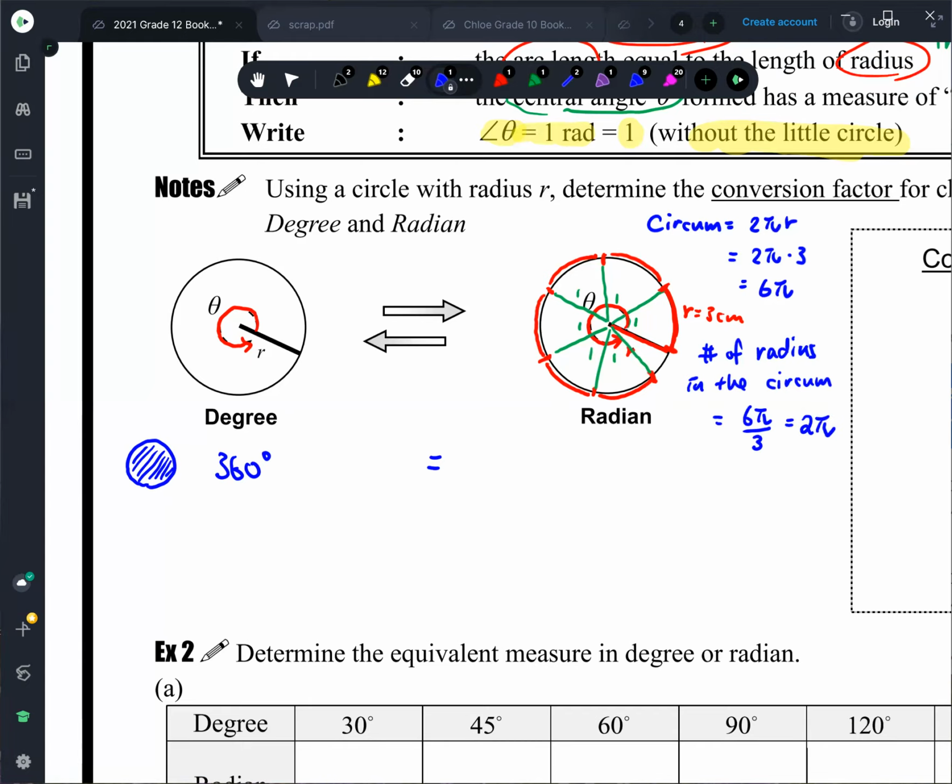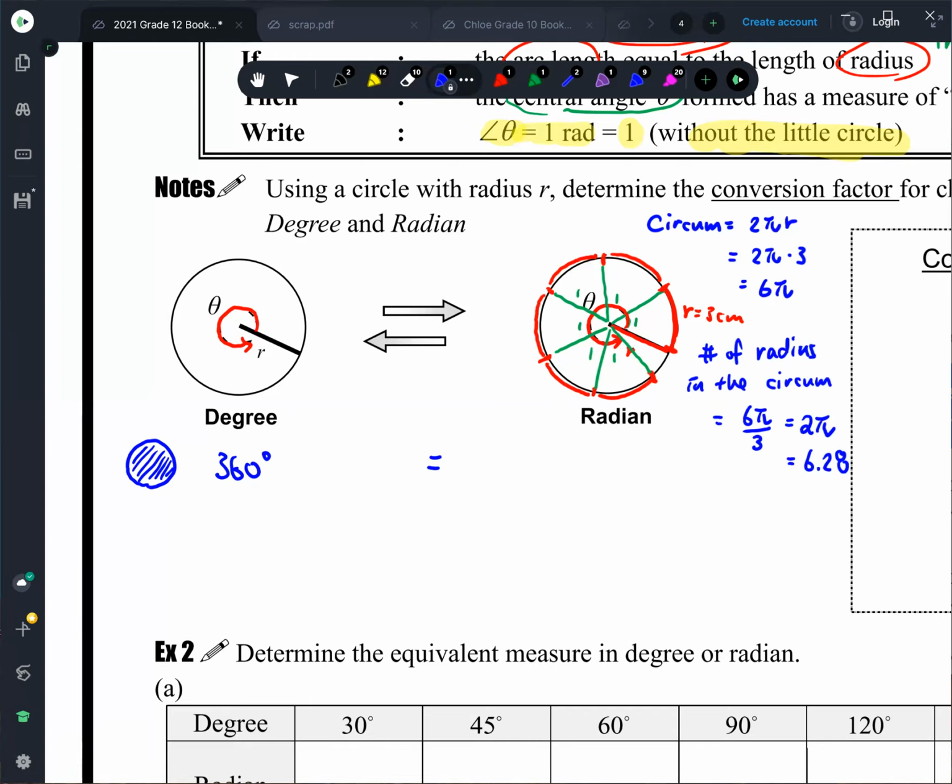So that 2 pi is our radian for a full circle. Pi is 3.14, right? So 3.14 times 2 is what? 6.28, right? So about 6, just like what we predicted. A little bit more than 6.